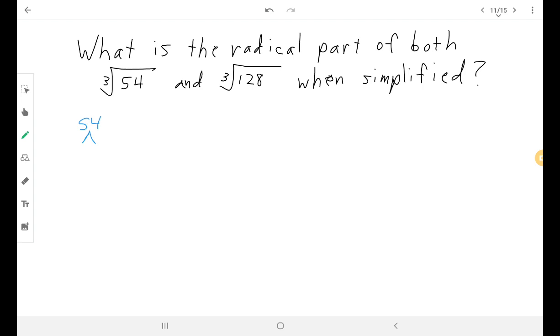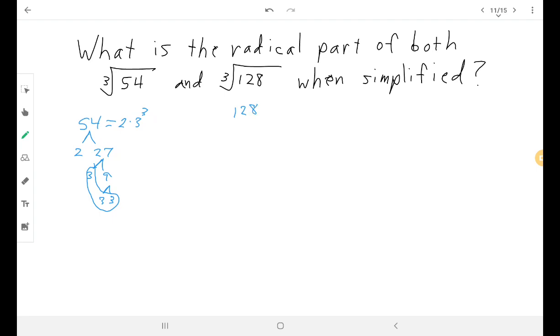It's an even number, so I can divide it by 2. 54 divided by 2 is 27. 27 is 3 times 9, and 9 is 3 times 3. So I get 54 being 2 times 3 times 3 times 3, so 2 times 3 cubed. And I'll talk about why that's significant.